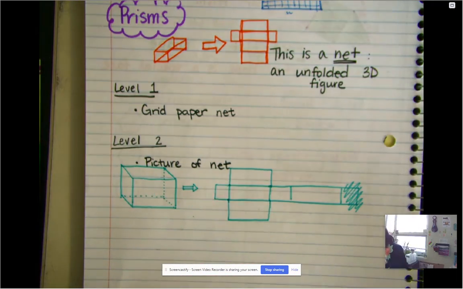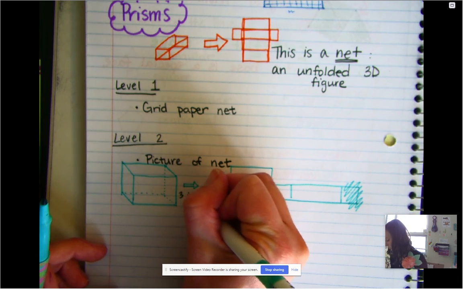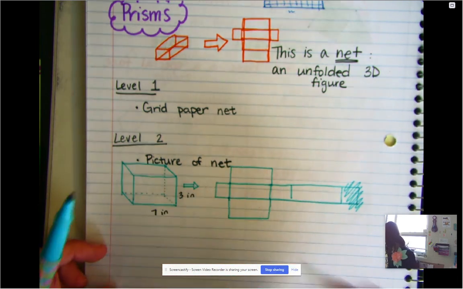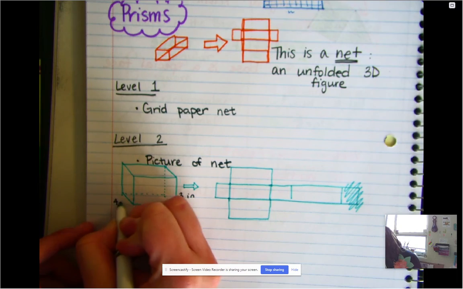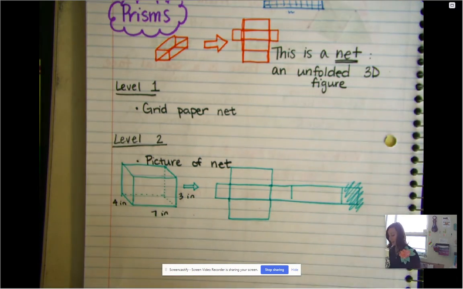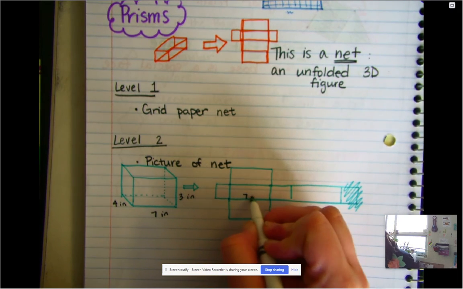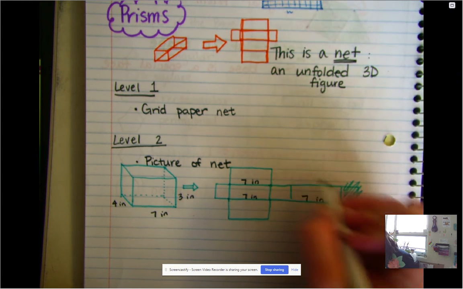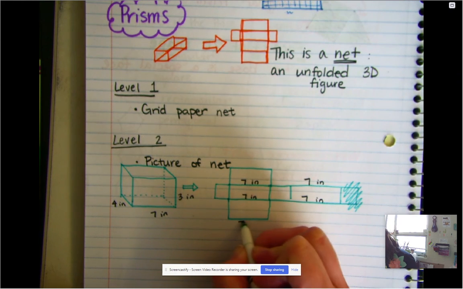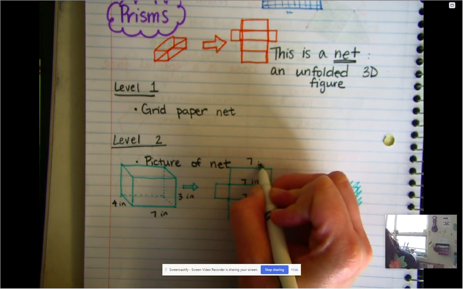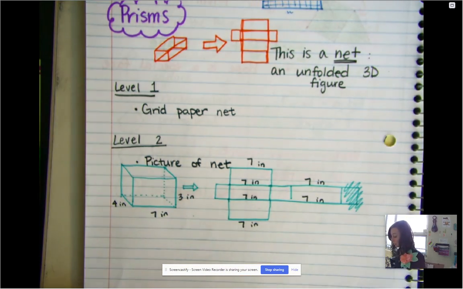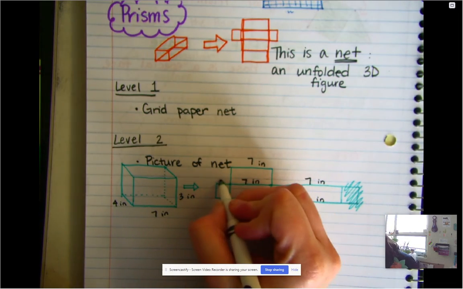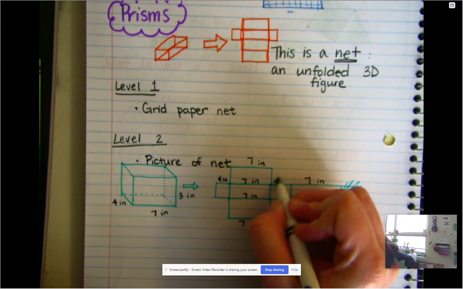Okay, on the figure, they're telling you that this is 3 inches tall, 7 inches wide, and 4 inches deep. And on the net, it's labeled for you how long everything is. So the long sides are all 7 inches. This is where it helps when the book labels it for you. So these short pieces are 4 inches.